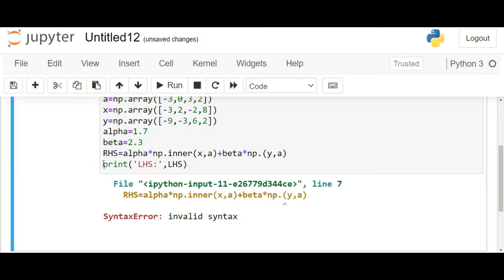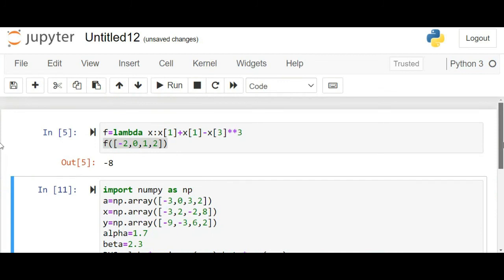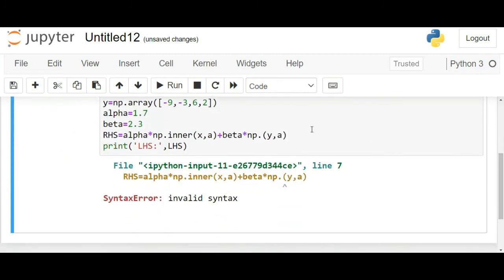So the code is working for the left hand side, but it is not working on the right hand side.